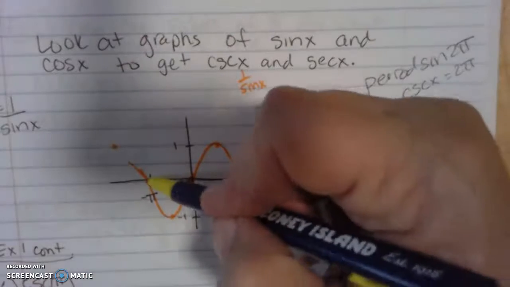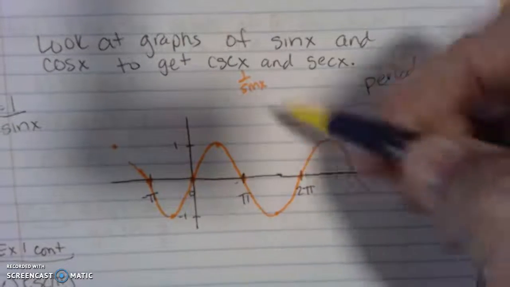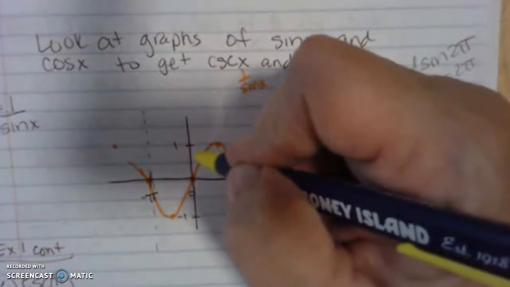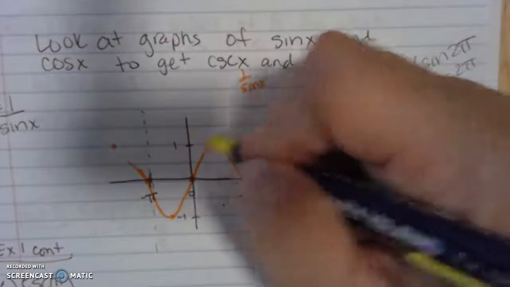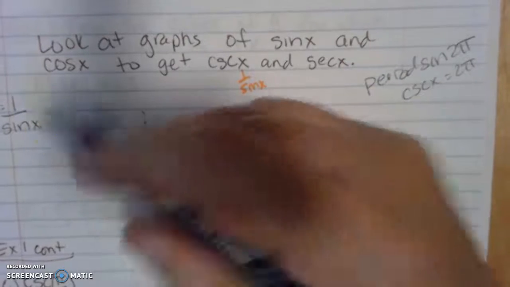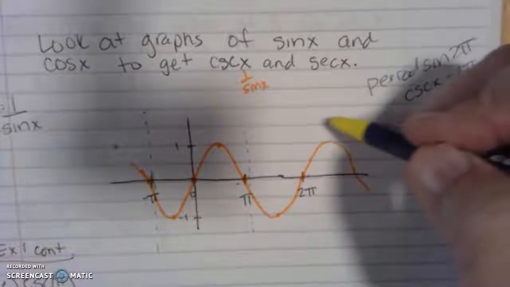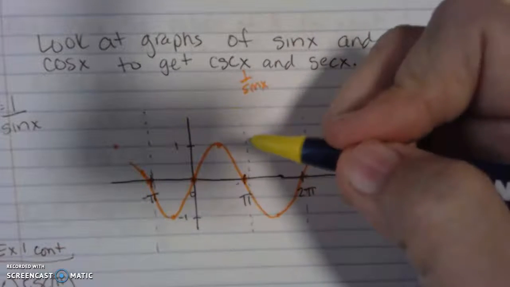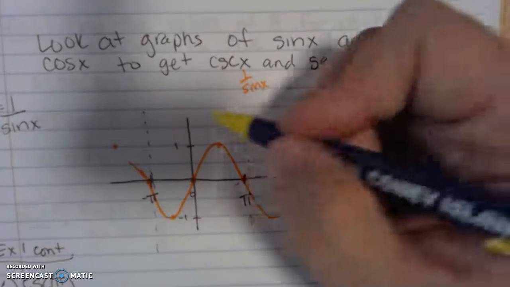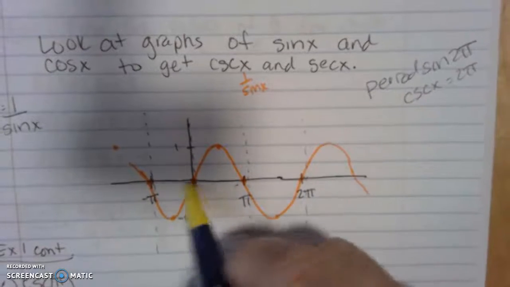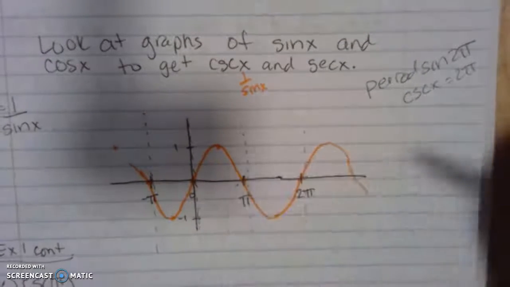Well, it's 0 at all these places right here, right? So that's going to give us asymptotes, because we can't have 1 over sine x with sine equal to 0. 2 pi. Okay, and also at 0. I didn't draw that very evenly. This is wider than this, but it's okay. You guys got this.